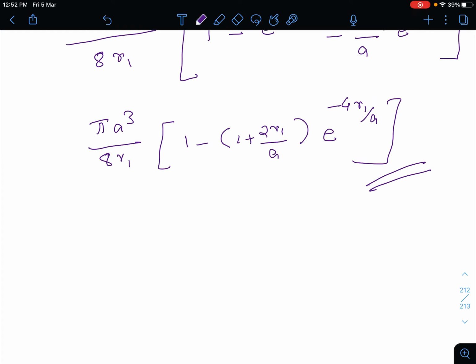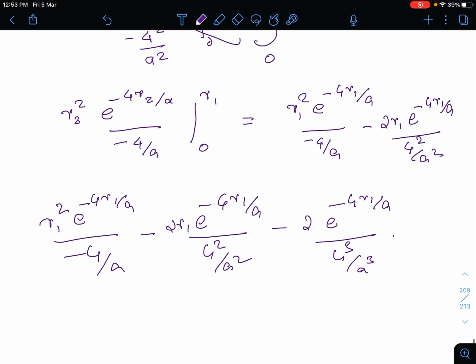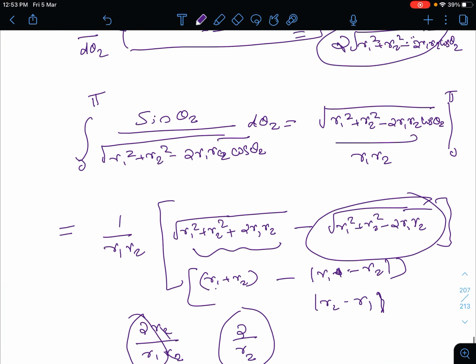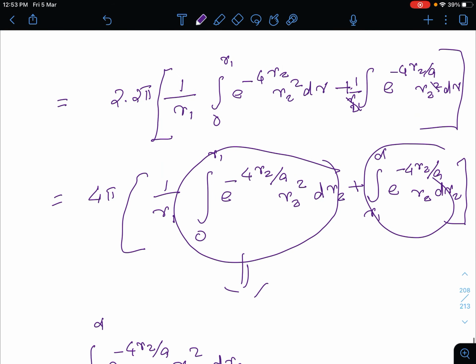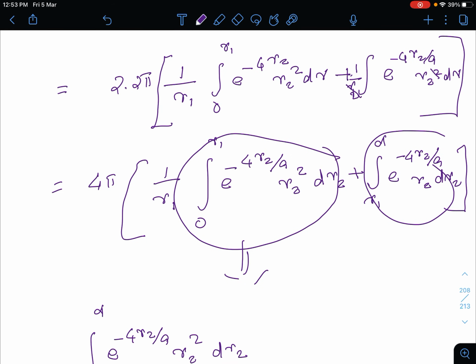So now our expectation value of V_ee is simply, let me check. We started, like I think in the class, calculating this function, 4 pi into these two integrals we have calculated.